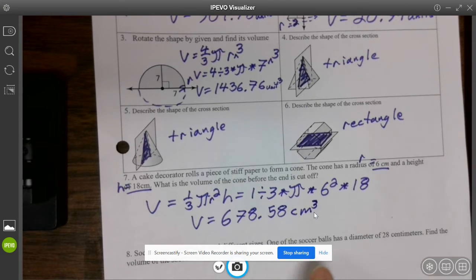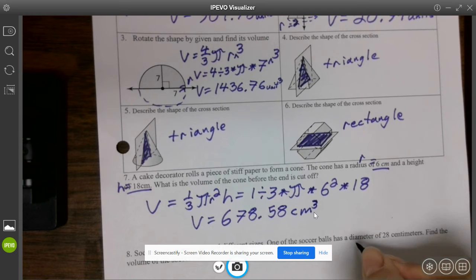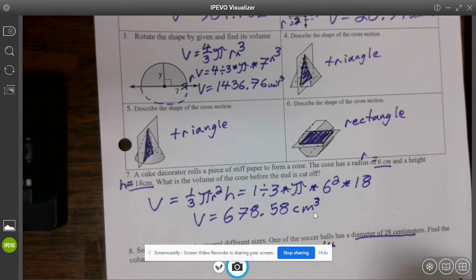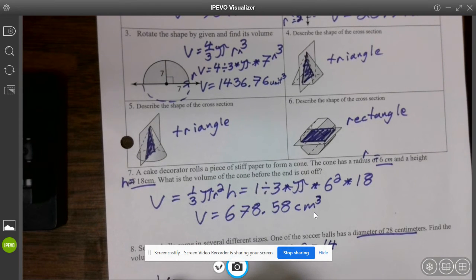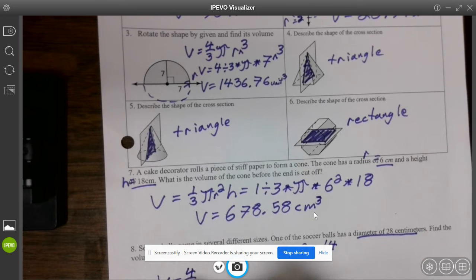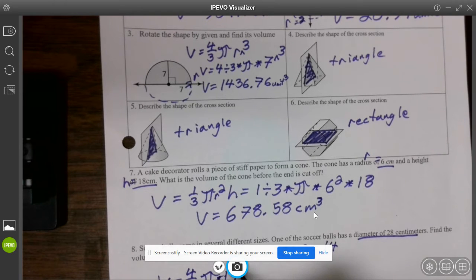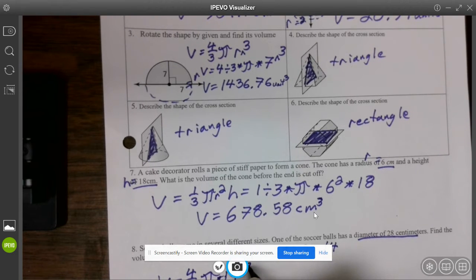Okay, soccer balls, different sizes. One has a diameter of 28. So the radius, half of 28, is 14. It's a soccer ball, so it's a ball, it's a sphere. So it would be times 14 raised to the 3rd power.